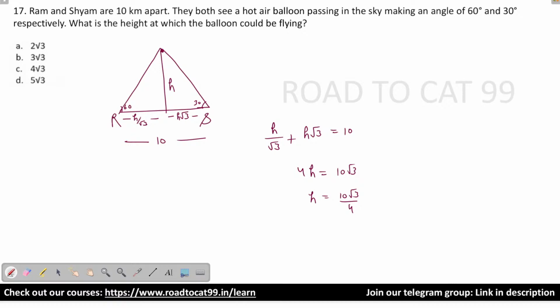See, I think 2.5√3 is the correct answer, but we can do it in some other way also, right?